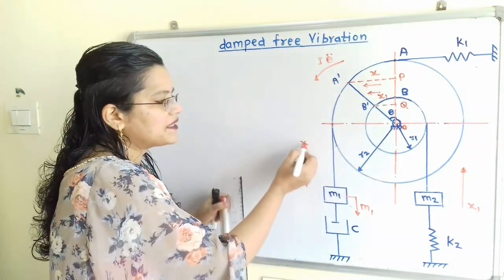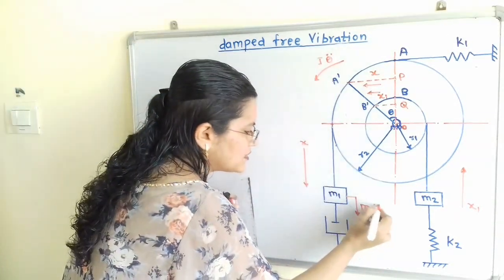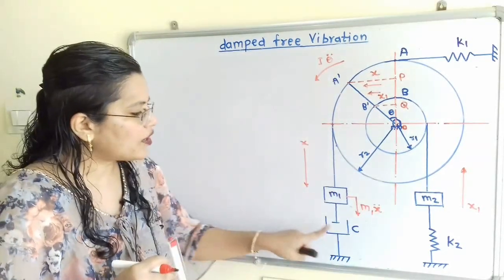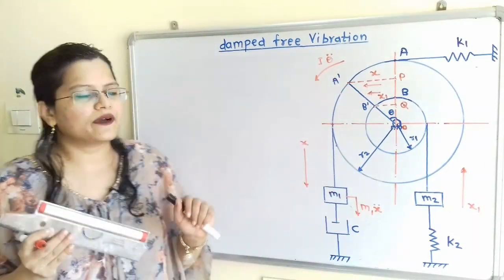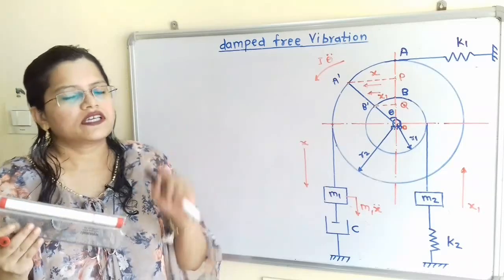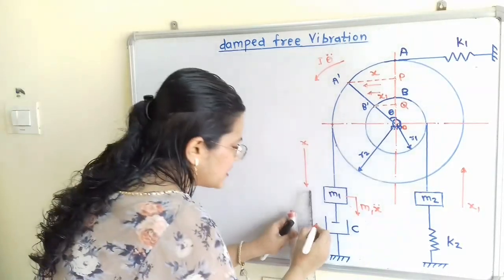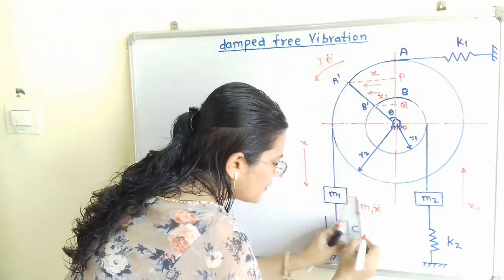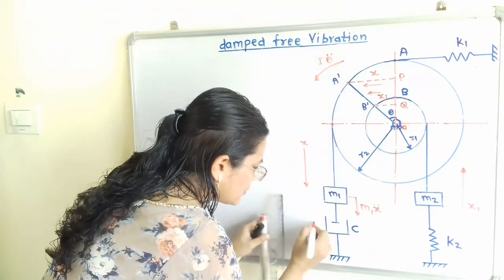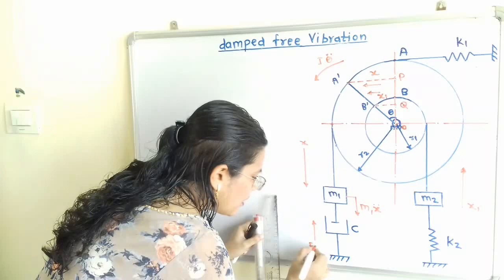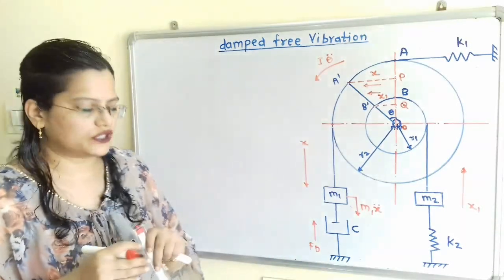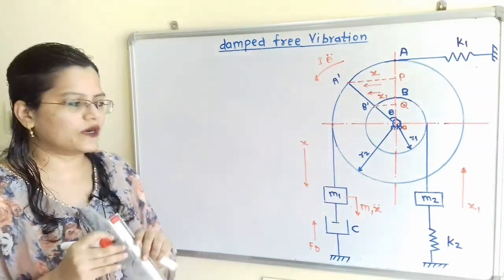The displacement is x, so the acceleration is x double dot. Now what about this damper? The damper force is in the opposite direction to the displacement. So this damper force Fd will act in the upward direction. I will show it here. It is in the opposite direction of the motion.